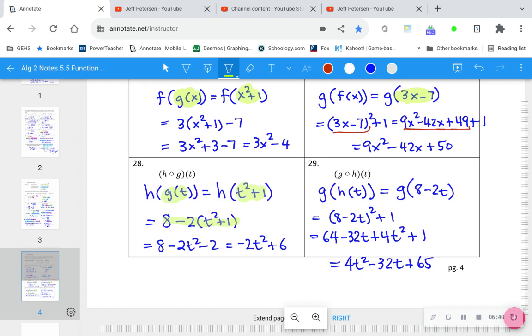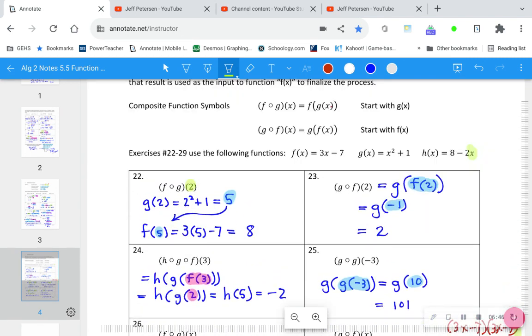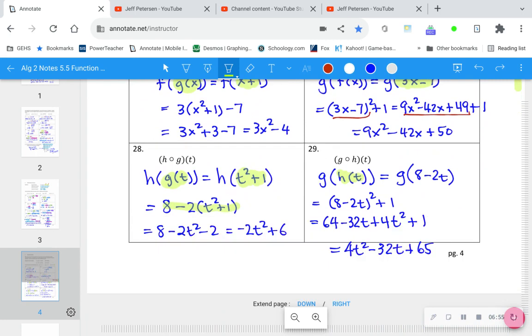And finally, g o h, I guess you'd say, is g o h of t. You're going to take h of t, and you can see that if I plugged a t in for this x down here, it'd be 8 minus 2t. And once you get that 8 minus 2t, you plug that into g, which squares it and adds 1. And once again, if you struggle with this part being the same as this, then write it out like this.